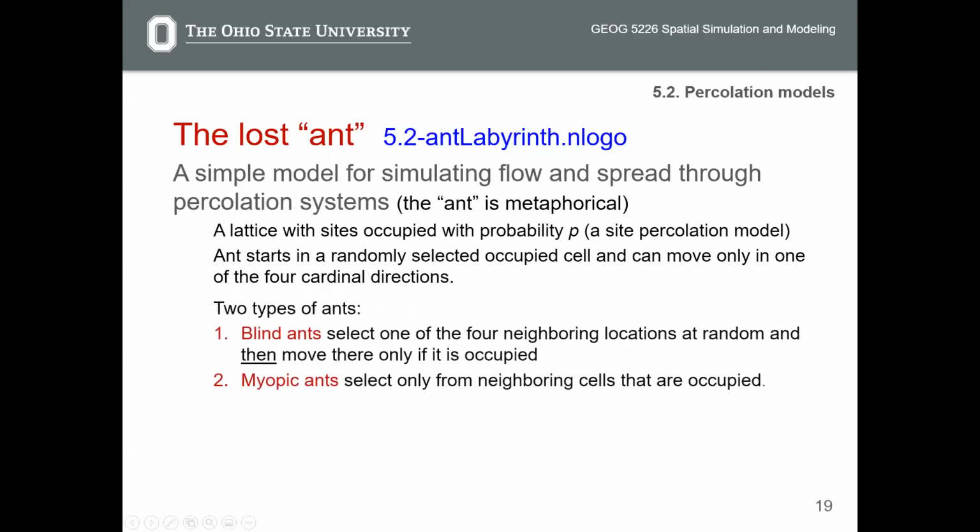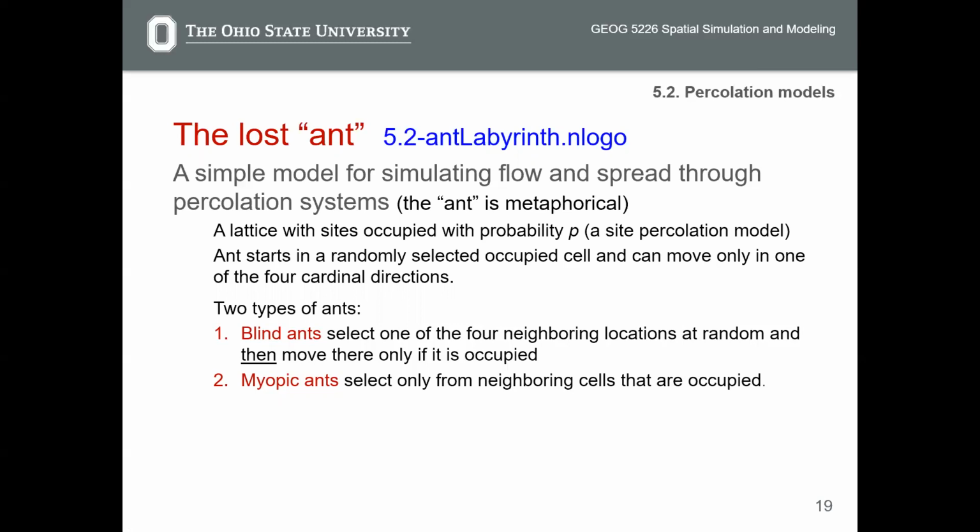So we have 2 types of ants. The first type is called blind ants. They select one of the 4 neighboring locations at random and then move there only if it is occupied. Which means this blind ant could just choose a neighboring site that is unoccupied.